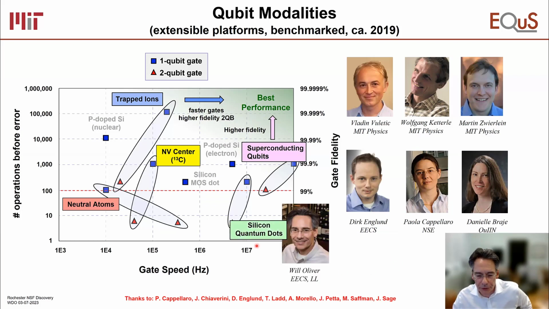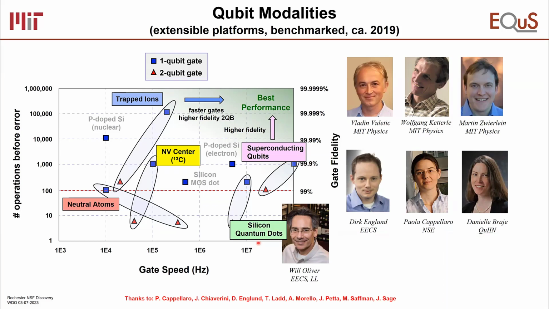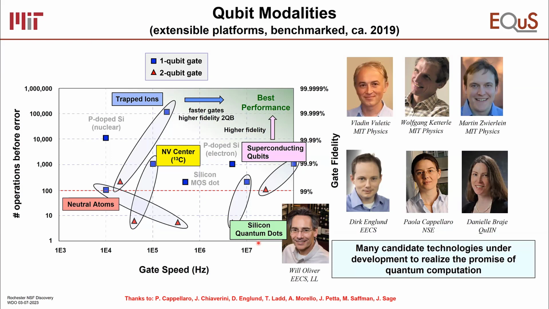And my own group, we're starting a silicon quantum dots effort here at MIT as well. And so there are many candidate technologies under development to realize the promise of quantum computing. As I mentioned, in the last couple of years, what's really changed is that the 2 qubit gate fidelities have got much better. So in fact, about a factor 10 better and faster as well.